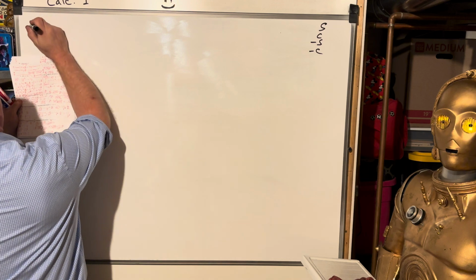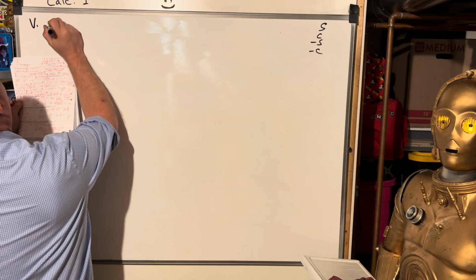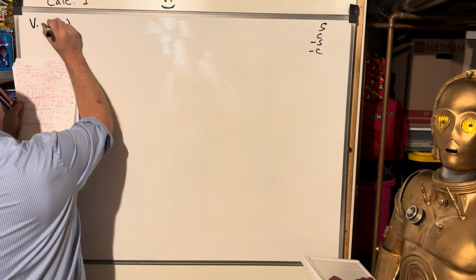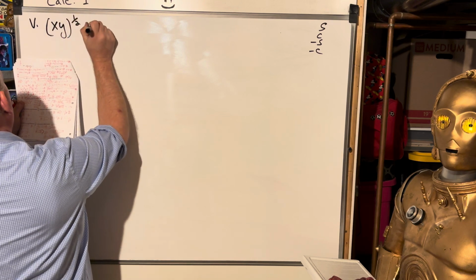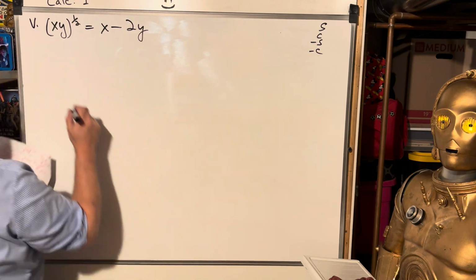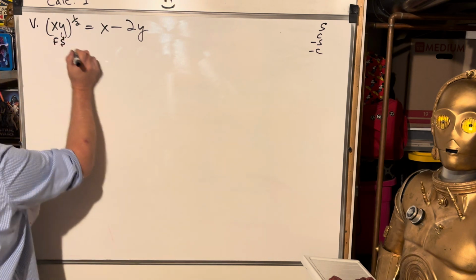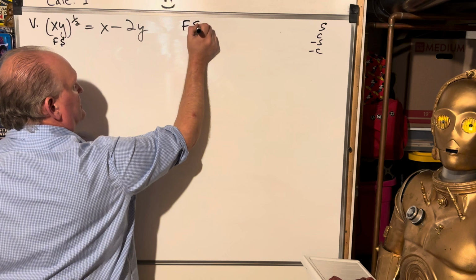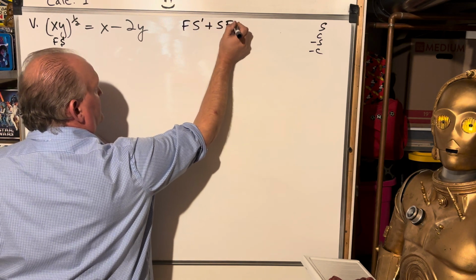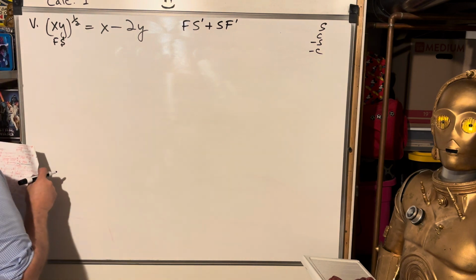Alrighty-dighty, so here we go with number 5. We got xy to the 1/2 power, so do a quick rewrite, equals x minus 2y. And so we have the first and the second. So first times second plus second times derivative of first.